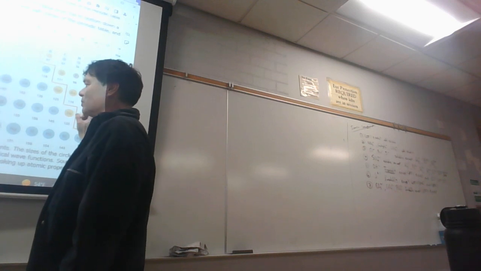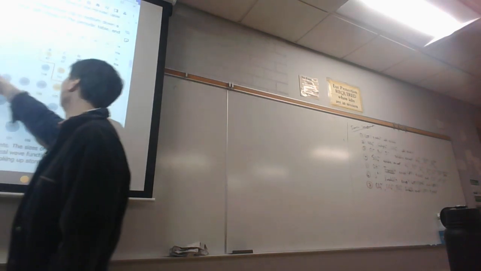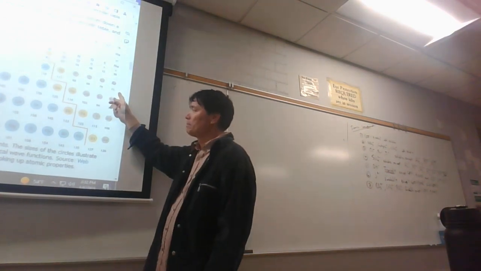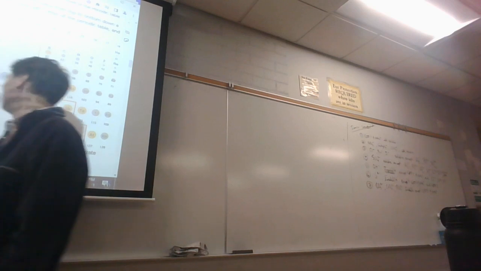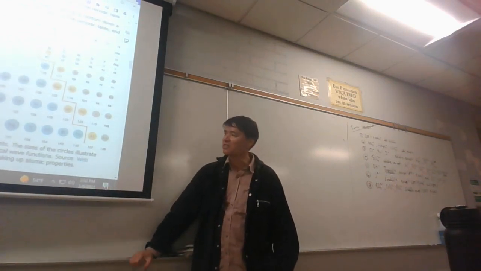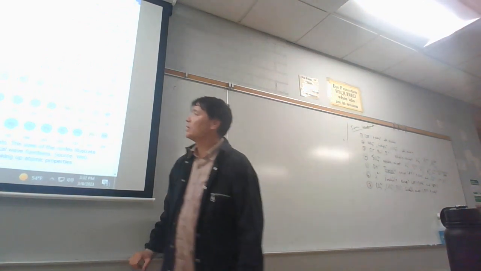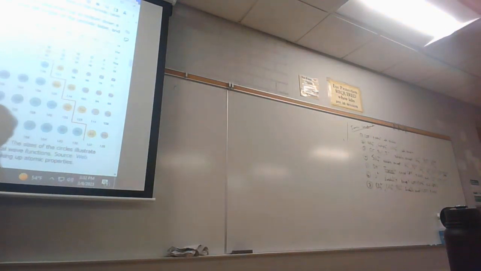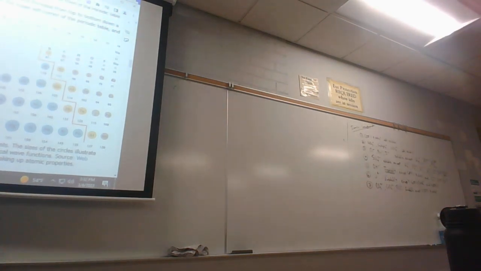How much does it shrink as we go across? So up here we went from 190 at sodium all the way down to 71 at argon. But over here we went from 300 at cesium all the way down to 120 for radon. So it looks like it shrinks to less than half the size as we go across. And then as we go down, how big does it get? So up here we're at 53 or 167 for lithium, and then we go down to cesium.